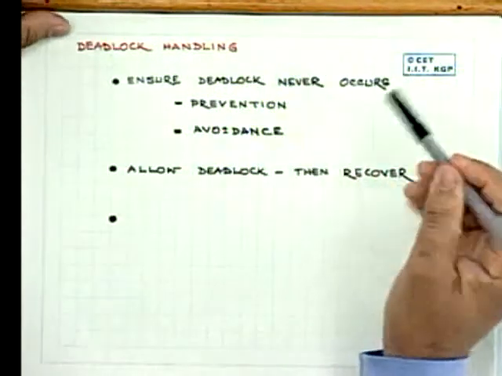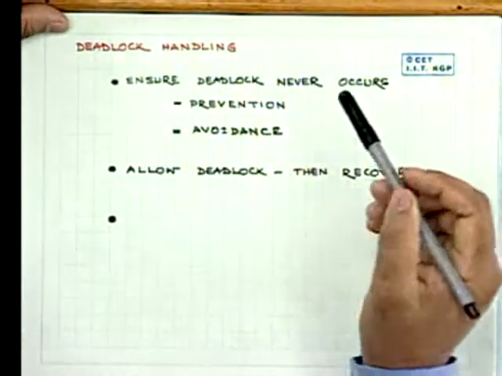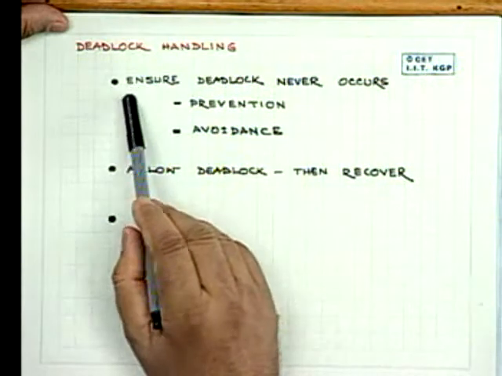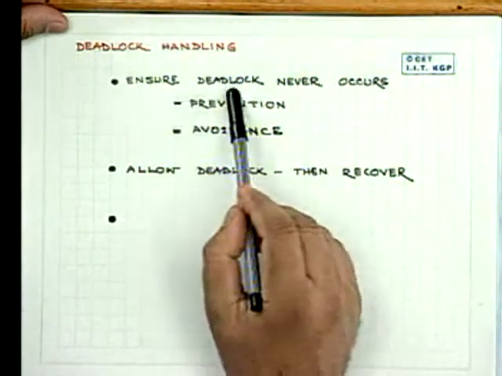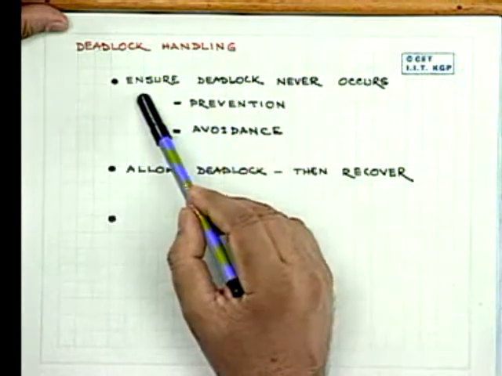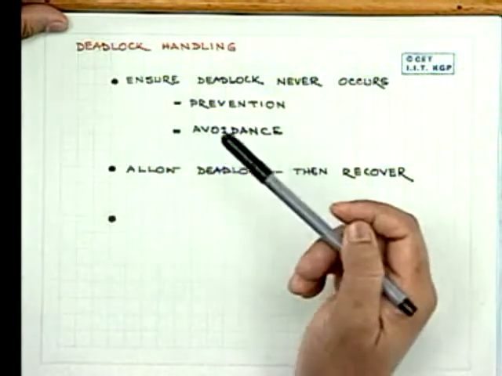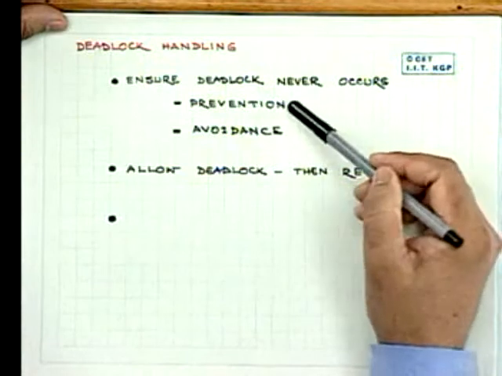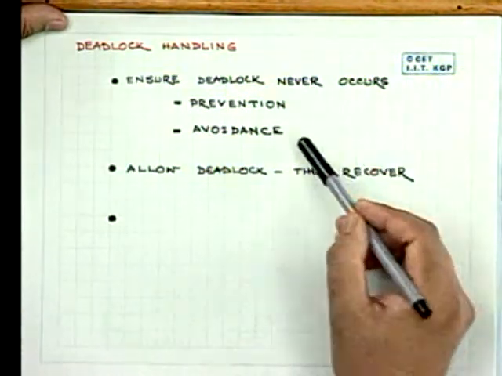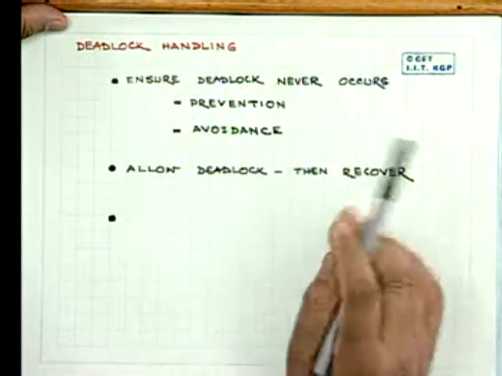How do we handle the deadlock? One way of handling it is that we ensure that deadlock never occurs. That means we try to prevent it and we want to avoid it.